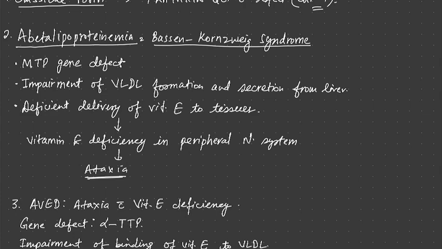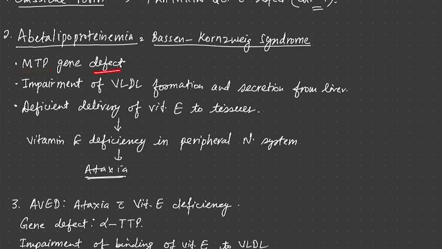Abetalipoproteinemia is also known as Bassen-Kornzweig syndrome. There is a defect in the MTP gene. Now MTP is involved in the formation of VLDL and its transport or secretion outside the cell. It is a kind of transport protein.